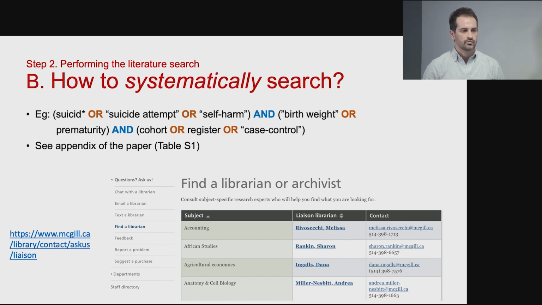So we are very consistent in our search strategy. She had the search strategy peer reviewed: she asked colleagues to review her decisions on how to put terms in it, so it's a very exhaustive strategy. You just go to the website, choose your discipline, and contact the librarian if you want to do this.